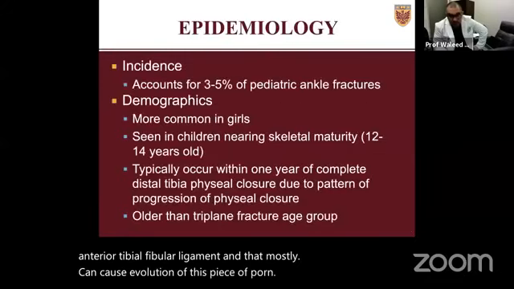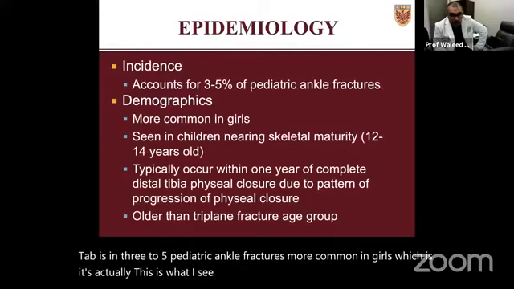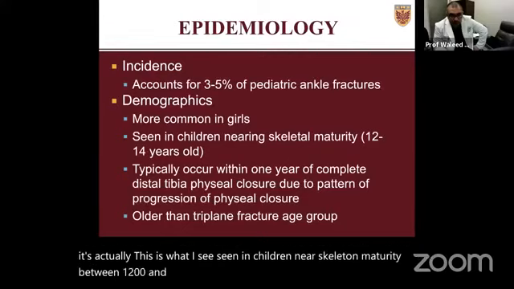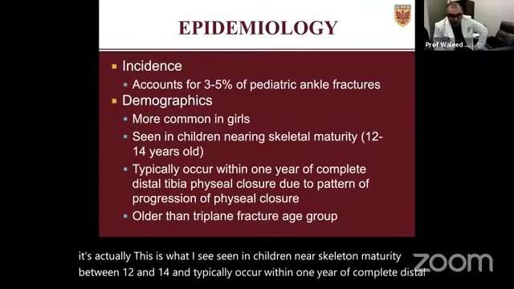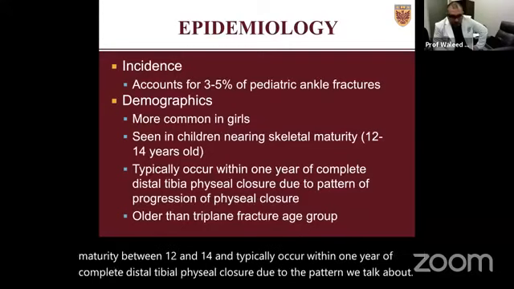It happens in 3 to 5% of pediatric ankle fractures, more common in girls. I see it in children near skeletal maturity, between 12 and 14, and it typically occurs within 1 year of complete distal tibial physeal closure due to the pattern we talked about.